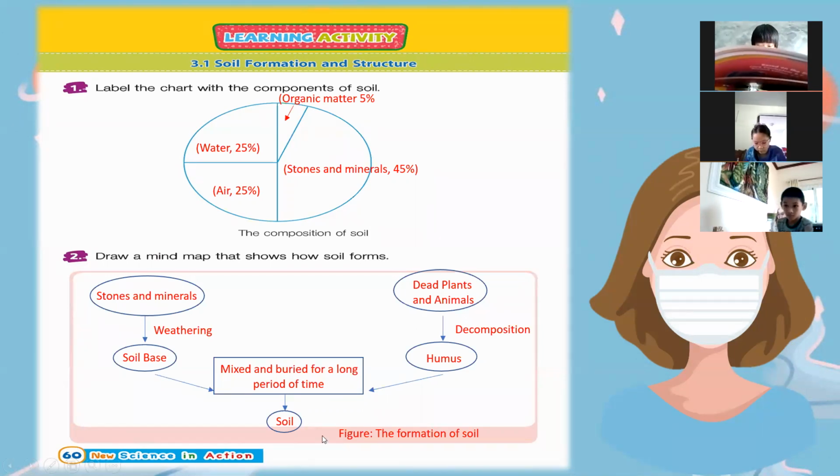So we're going to have the formation of soil. Then the second one, we have dead plants and animals. Because of decomposition, it's humus, and it's also mixed and buried for a long period of time. So we're going to have soil formation.